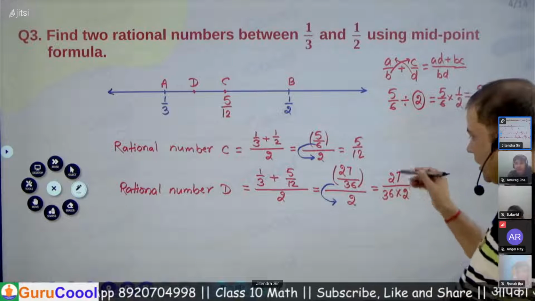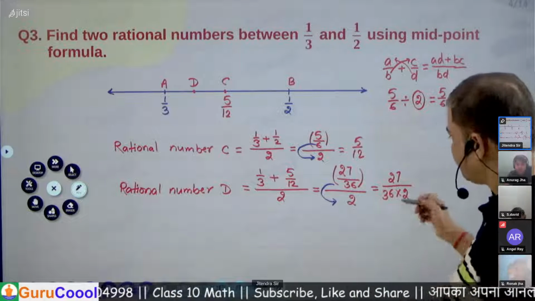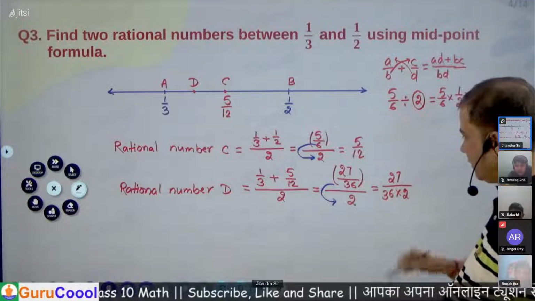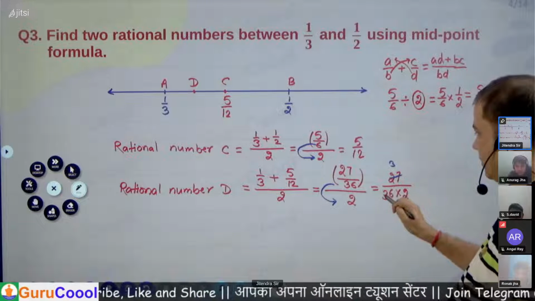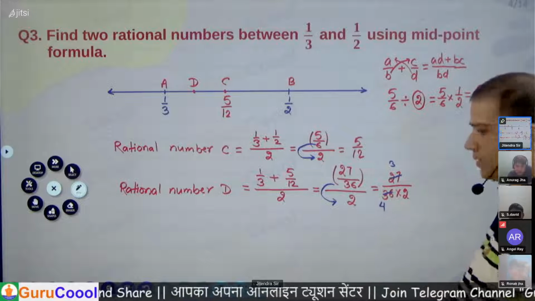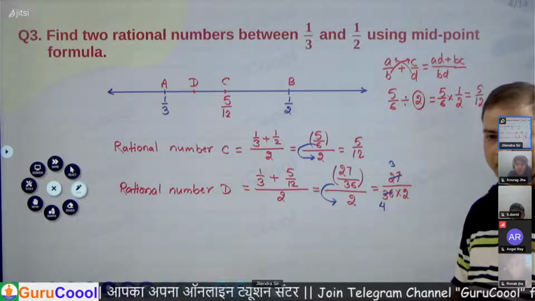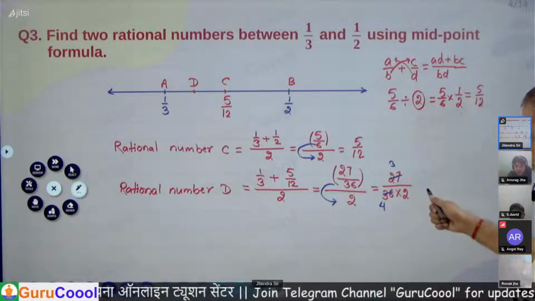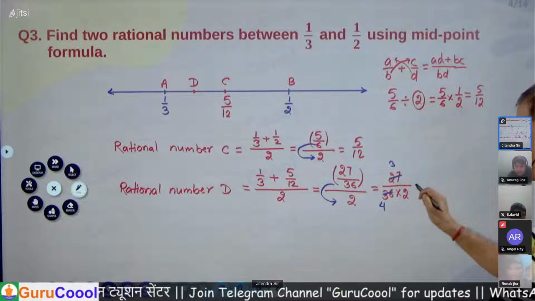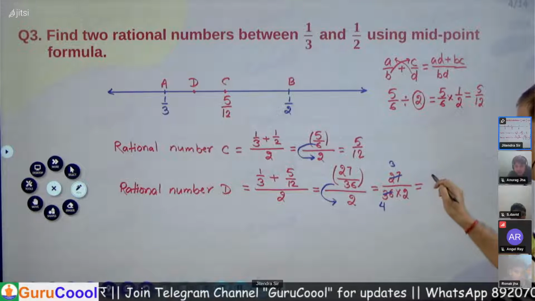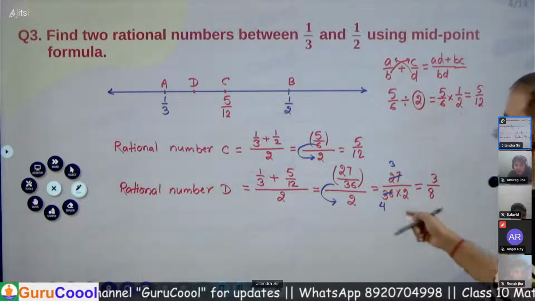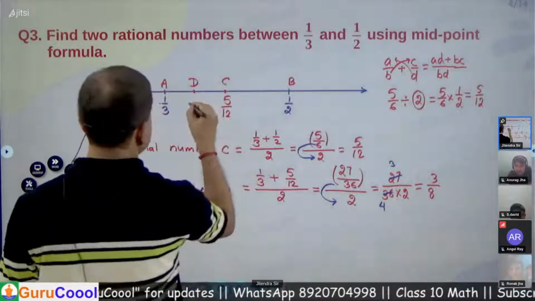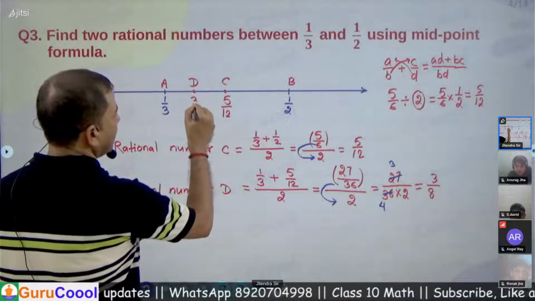I think they can be cancelled, right? Yes, sir. 9 3s are 27, 9 4s are 36. Now if you simplify, you get 3 in the numerator and 4 2s are 8 in the denominator. 3 by 8 here is the rational number D.